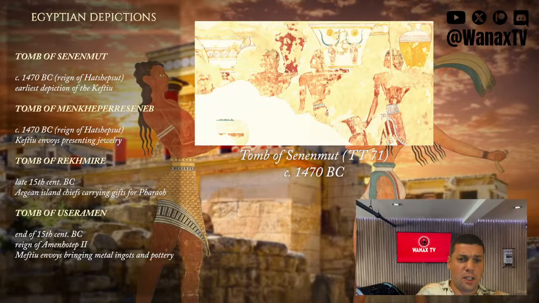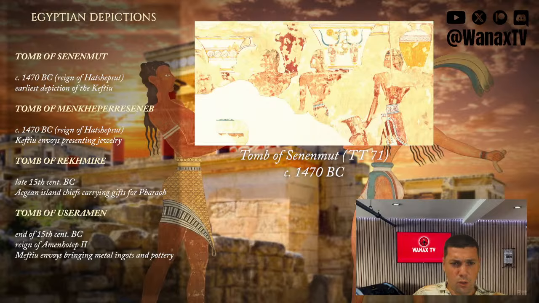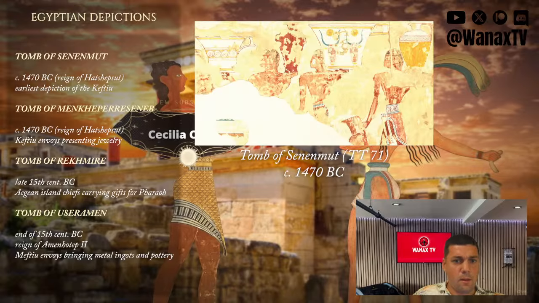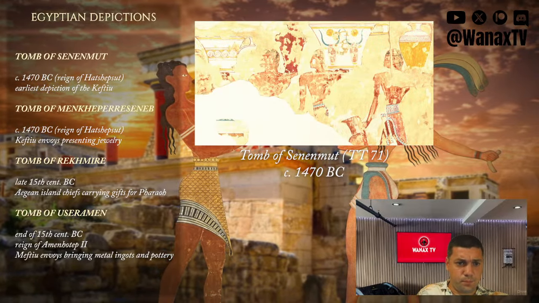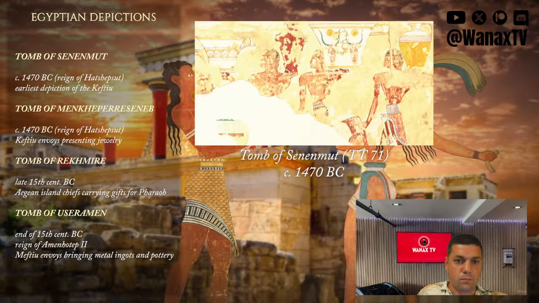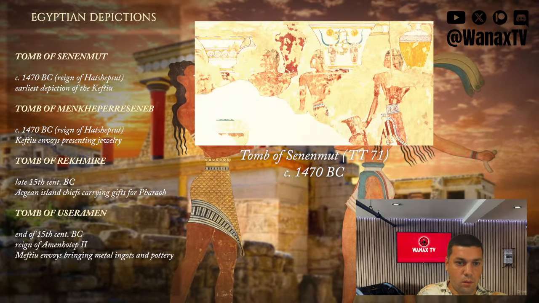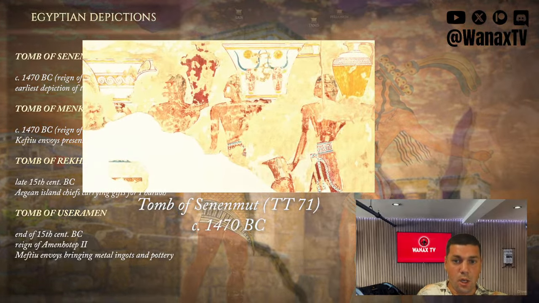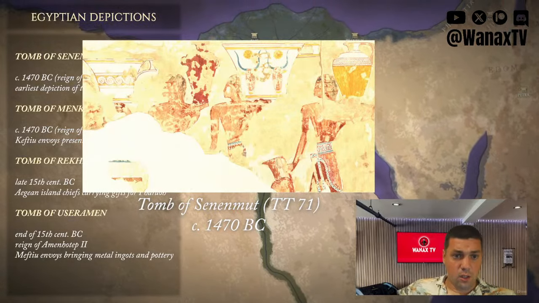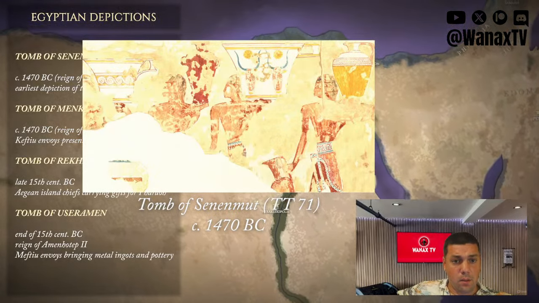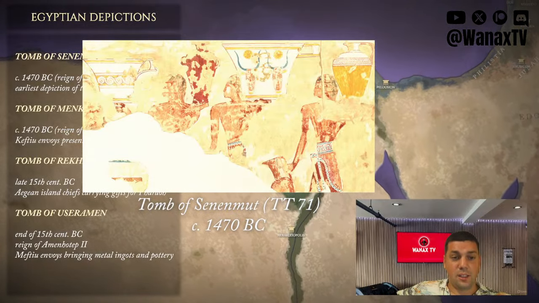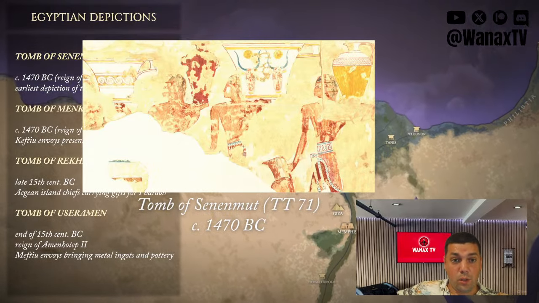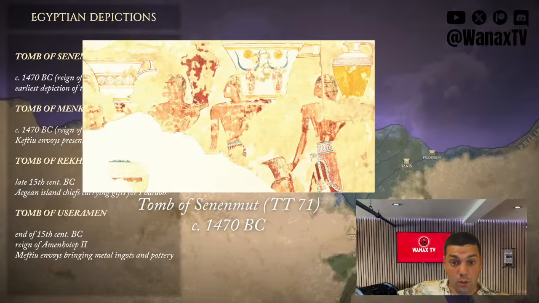Tomb of Senenmut. Senenmut, I believe, was a high priest during the reign of Hatshepsut. And as you can see here, these are the Minoans. You can recognize them by these nice clothes that they have. You see, highly decorated, similar to what we know from the Minoan frescoes.